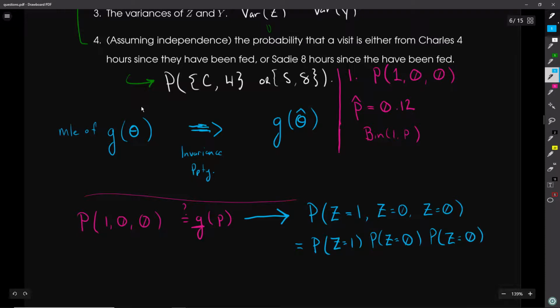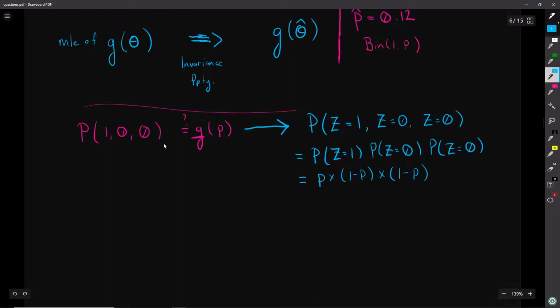Now, the probability that z equals 1 is p, by definition. The probability that z equals 0 is 1 minus p, and the probability that z equals 0 again is 1 minus p once more. So now we have this function, g of p, that gives us the quantity we want.